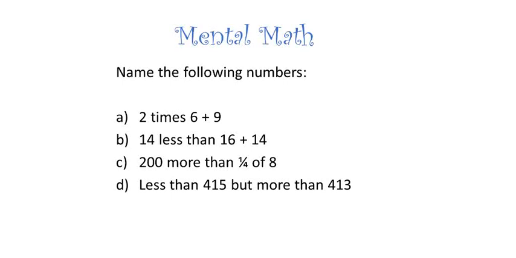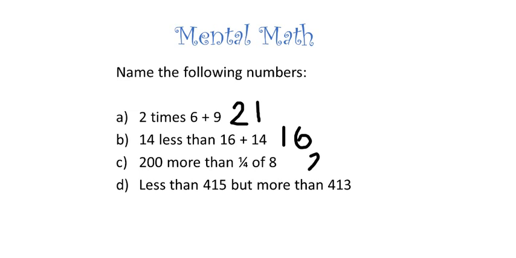Ready? The first one says 2 times 6 plus 9. So 2 times 6 is 12 plus 9. That's going to be 21. Next, 14 less than 16. That's 2 plus 14. It would be 16. The next one says 200 more than 1/4 of 8. 1/4 of 8 is 2 plus 200.